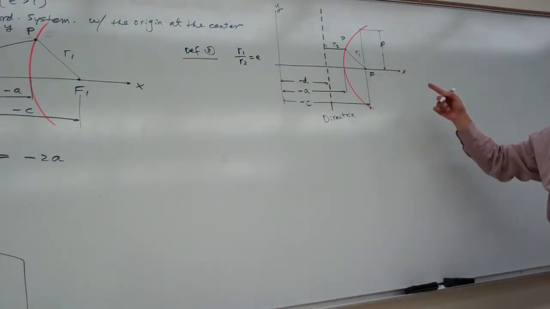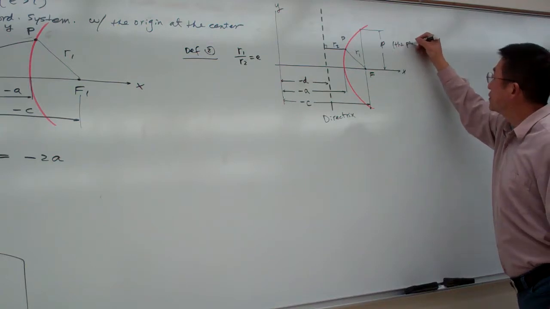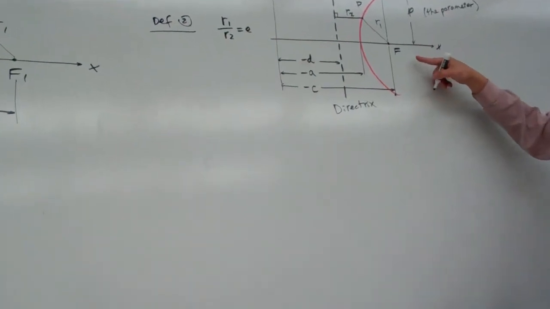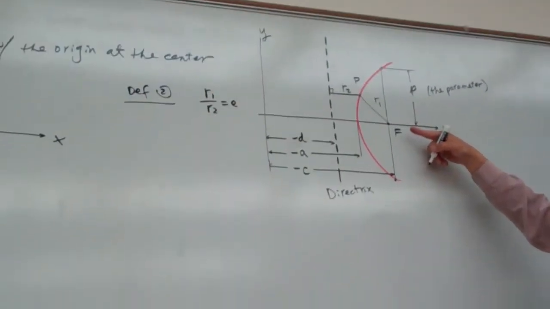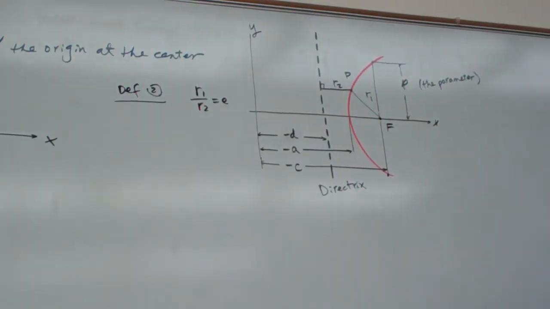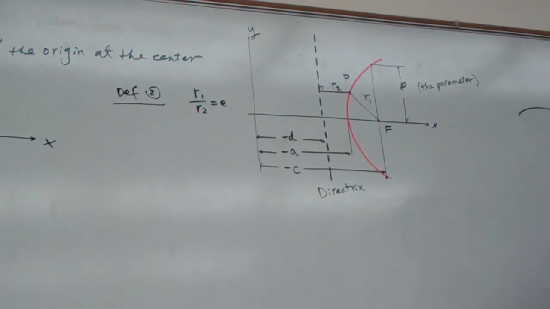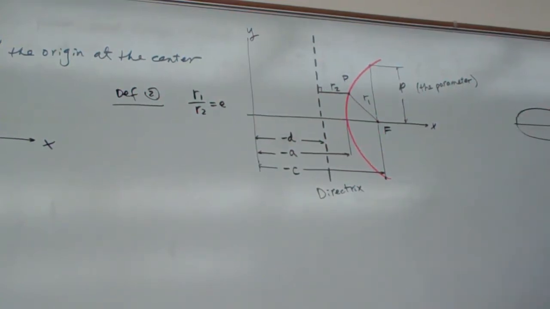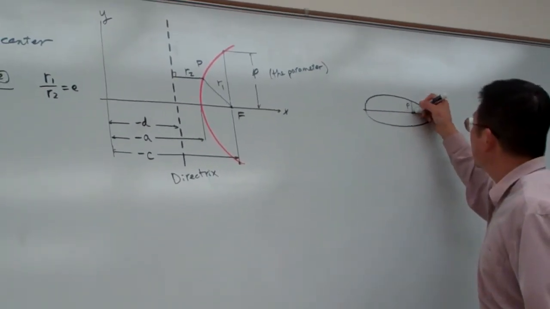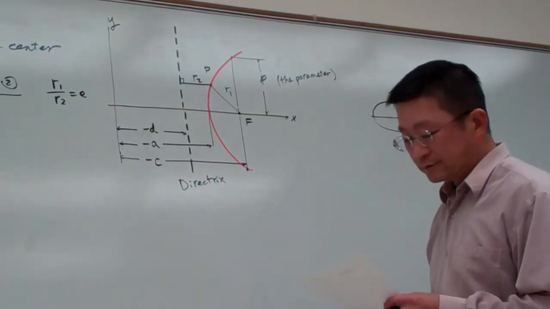So clearly p is what we define as the parameter. The parameter actually is the vertical distance from a focus to the orbit there. The same thing, if we have a line, sorry I forgot to draw it. So if this is the focus, then simply this distance is p. From here to here, that is p.